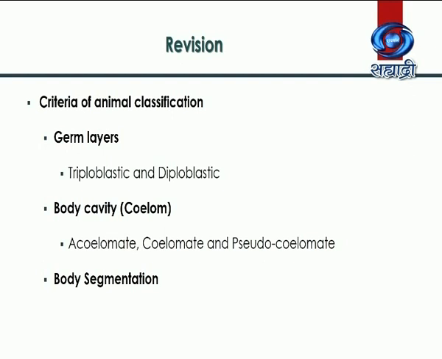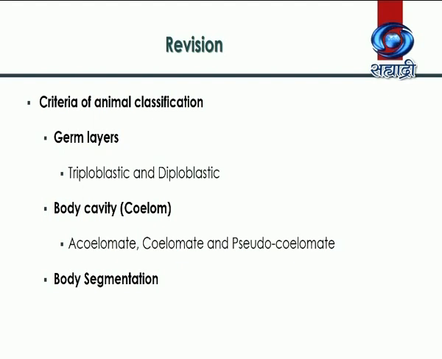If all the 3 are present, the animal is triploblastic. If mesoderm is absent, the animal is diploblastic. That means diploblastic members show presence of ectoderm and endoderm only.